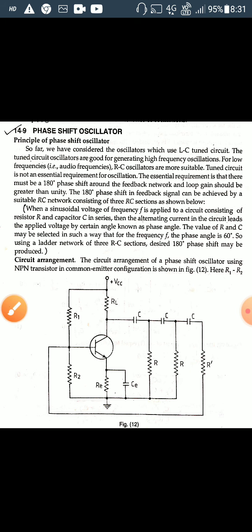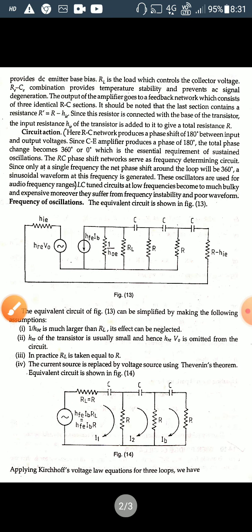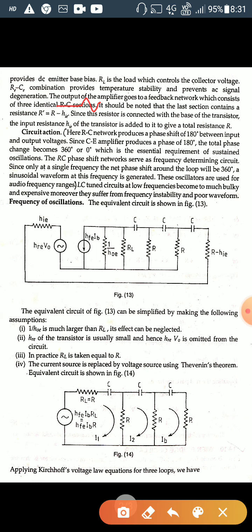Now we discuss the hybrid equivalent circuit. You already know the hybrid equivalent circuit of the transistor. For the voltage divider biasing, the equivalent circuit looks like this. I am just drawing it here so it will be easy to understand.